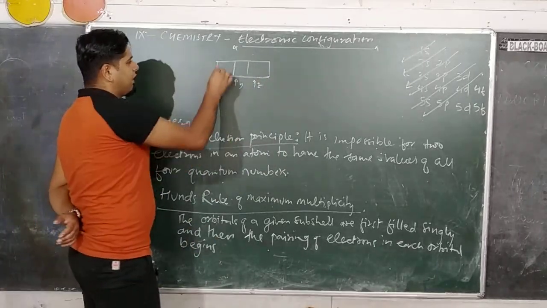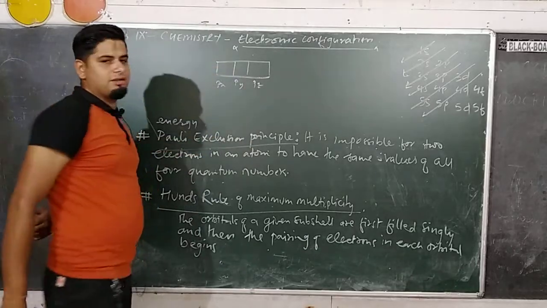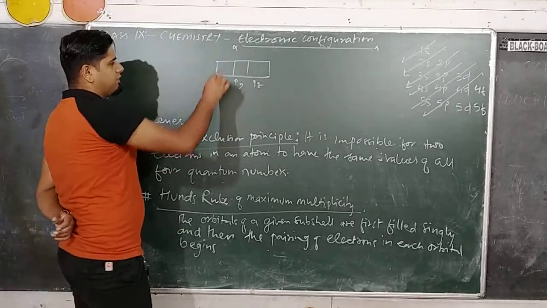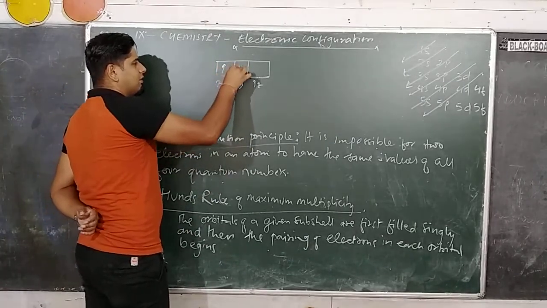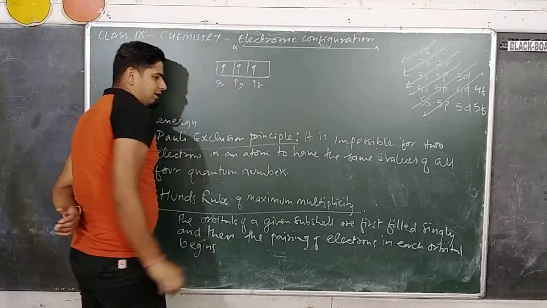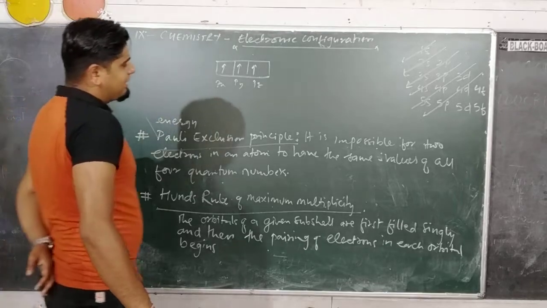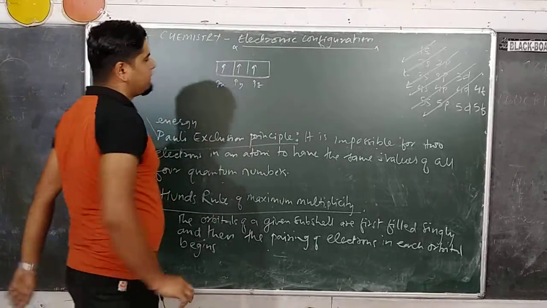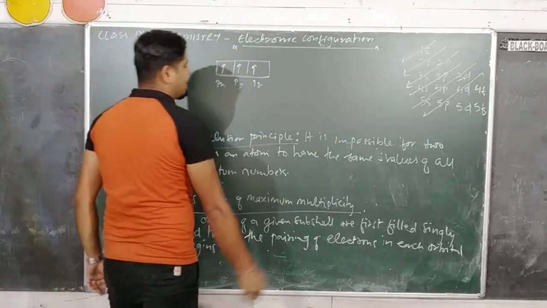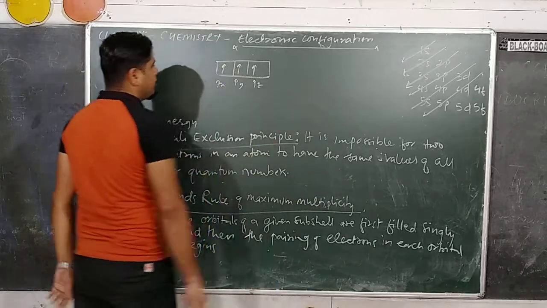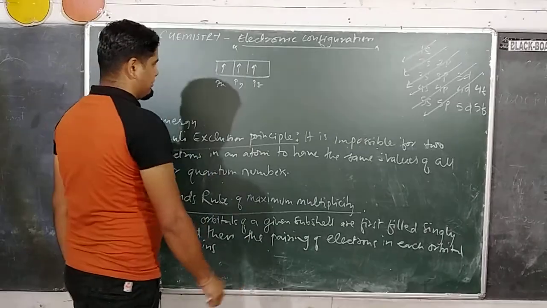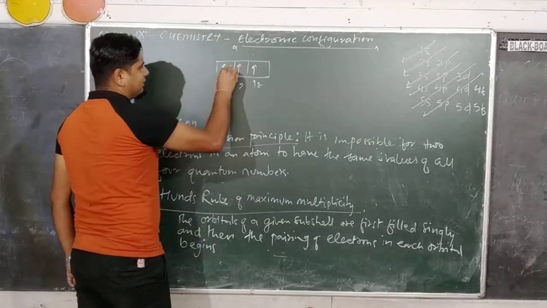So if you have to fill these p orbitals with electrons, first you have to fill each orbital with a single electron. After that, you have to pair up the electrons like this.